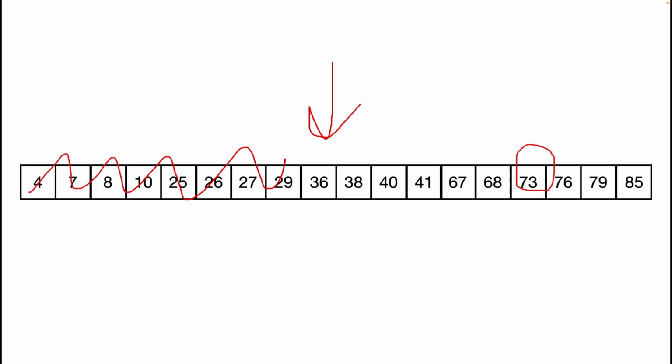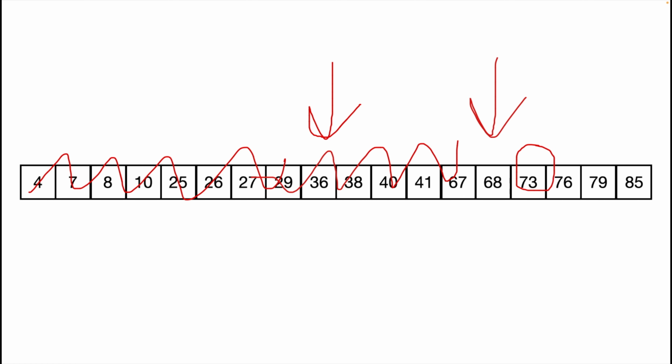Then we find the next midpoint, which in this case looks to be about 68. 68, of course, is still less than 73. So that is our new lower bound, and we can remove all of this stuff below 68.